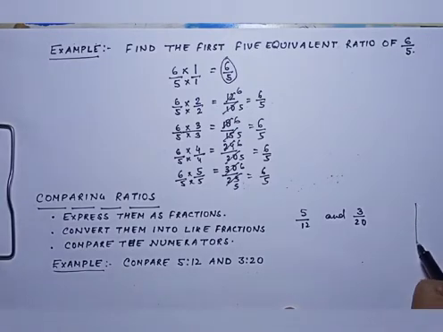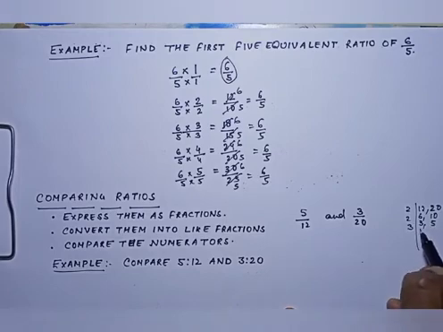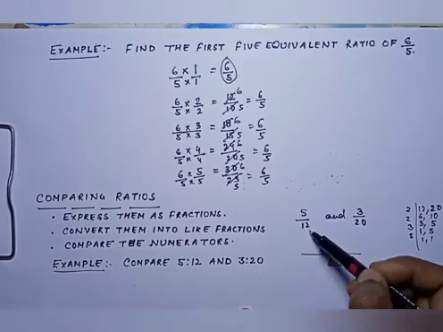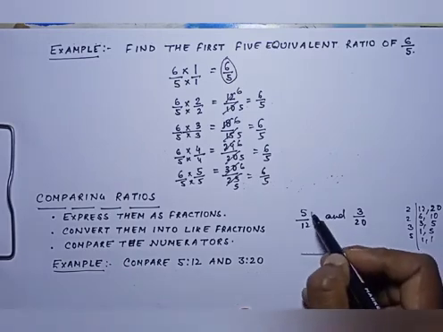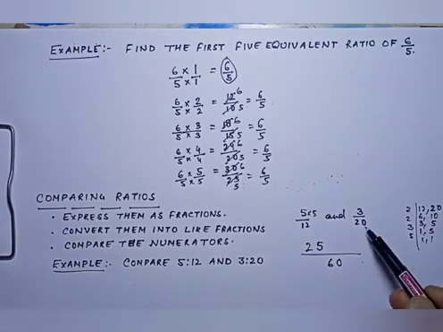So first of all, I am going to find the LCM of 12 and 20. Dividing by 2, 2, 3, 5, we get 2 2s are 4, 4 3s are 12, 12 5s are 60. So what is the LCM? 60. So 12 5s are 60, which means 5 into 5 is equal to 25.